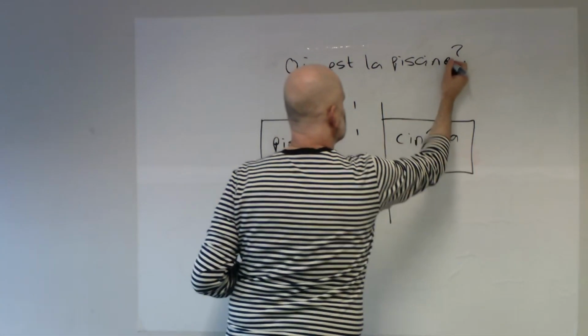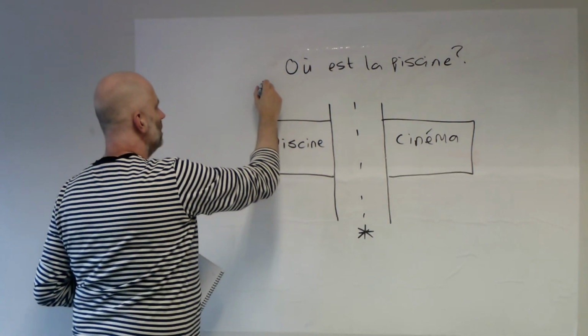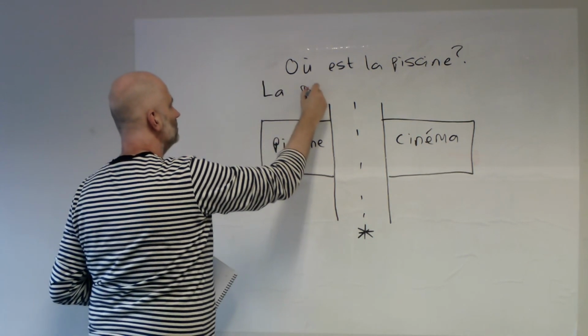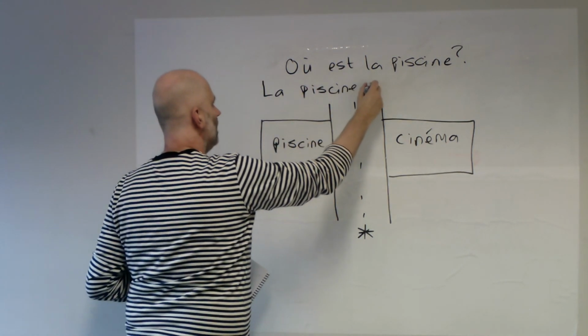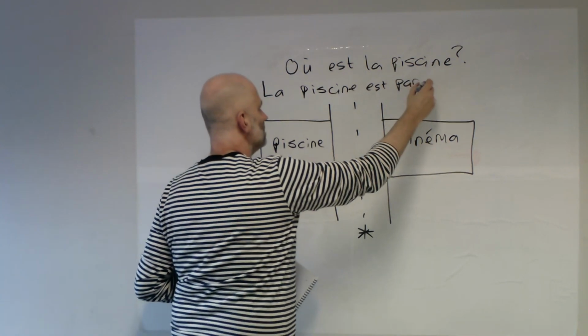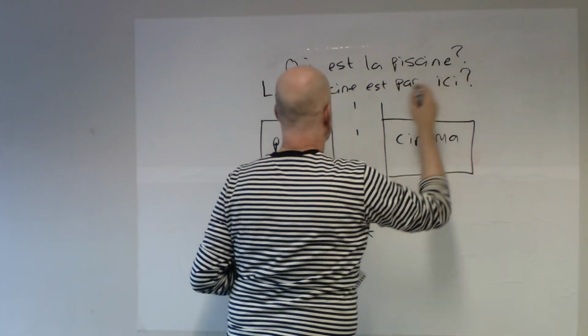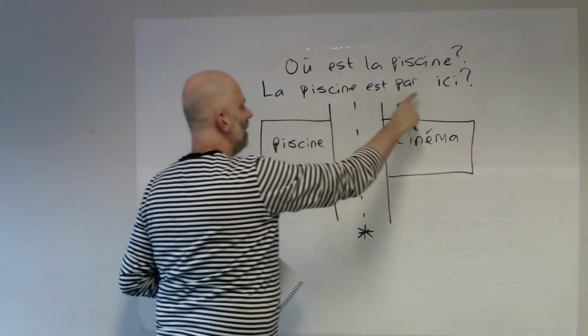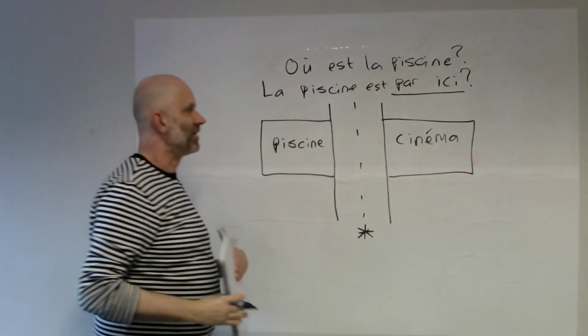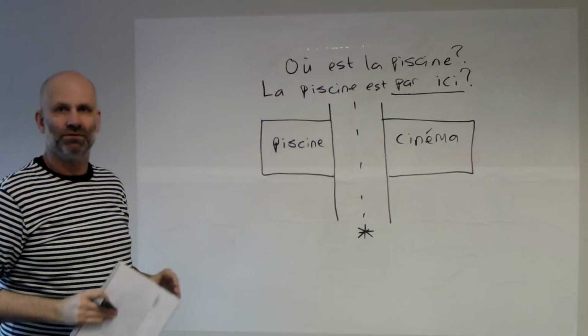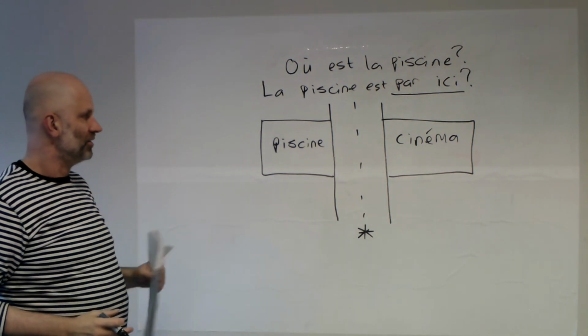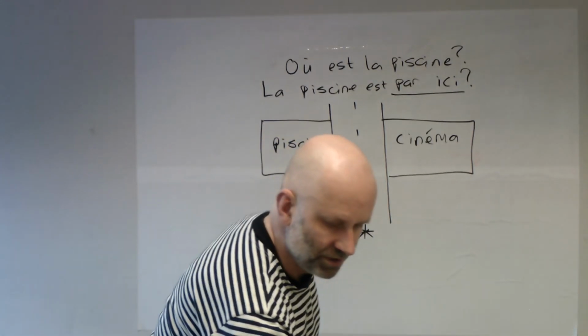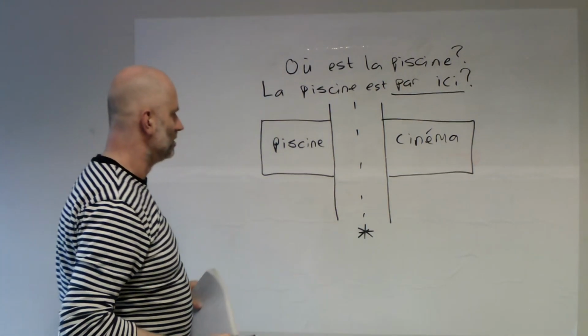Another way of saying that would be la piscine est par ici. Okay, la piscine est par ici means around here. So swimming pool's around here. Okay, so imagine that you're here and you're asking.